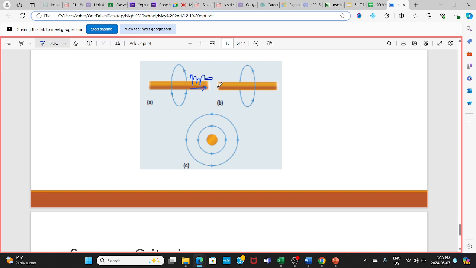So the current will be in that direction. Same thing, forefinger in the direction of the magnetic field. You will see your thumb is here, which means this is the direction of the current. Your forefinger going counterclockwise, then your thumb is going to be out of the page. That would be the direction of the current I. Okay.